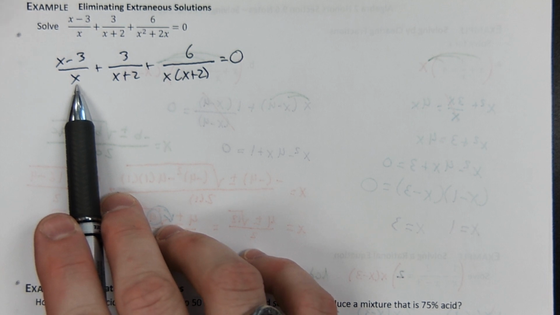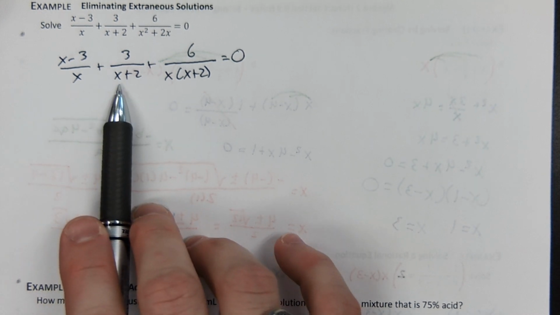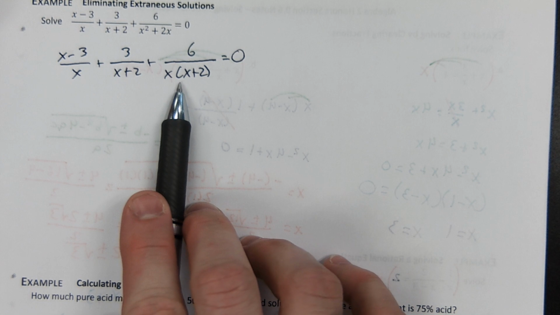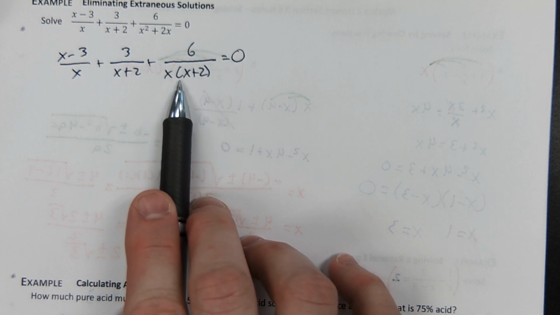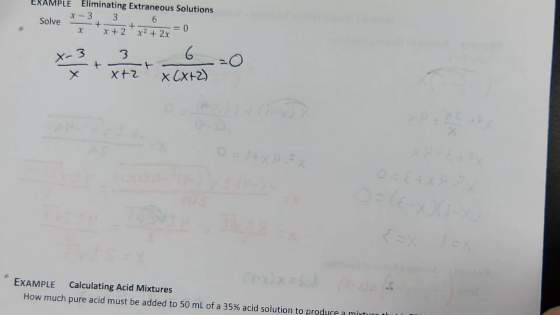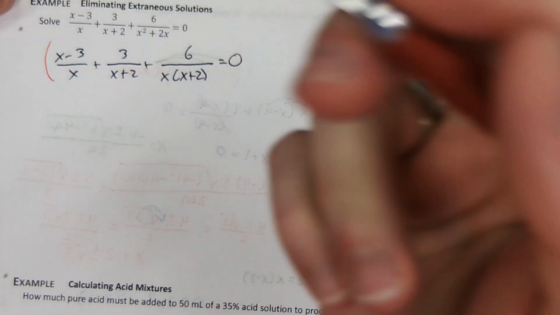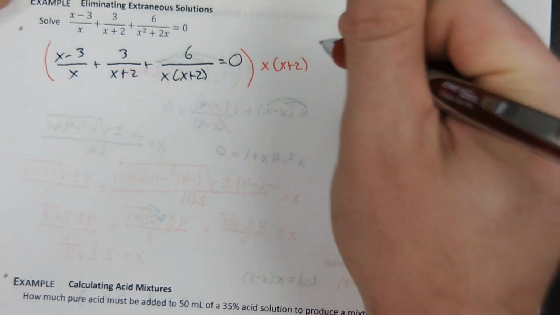This denominator is missing an x plus 2. This denominator is missing an x. This denominator is missing nothing. Since this denominator is missing nothing that other things have, this is the least common denominator, x times x plus 2. So that is what we're going to choose to distribute across our entire equation, so we can eliminate all fractions.